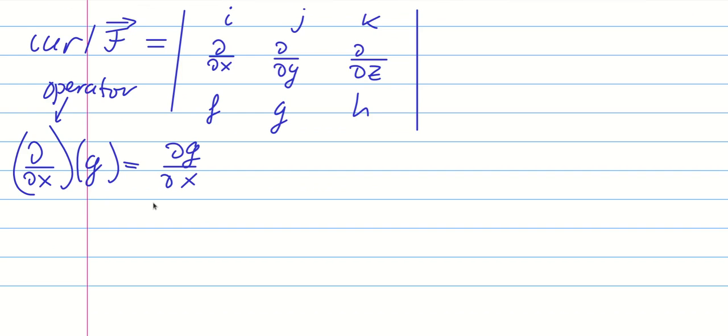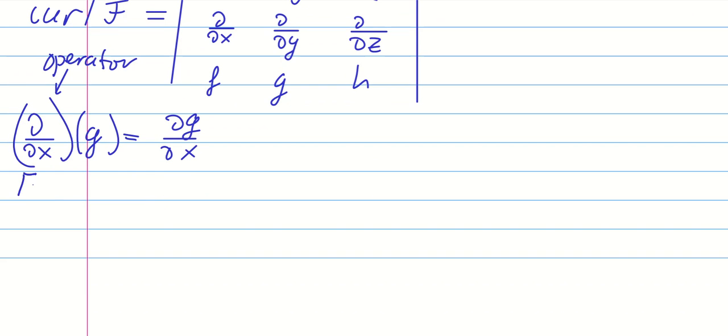All right, so let's look at the example. The example tells us to calculate divergence and curl for the following vector field.